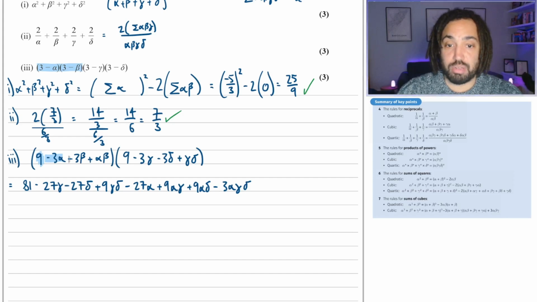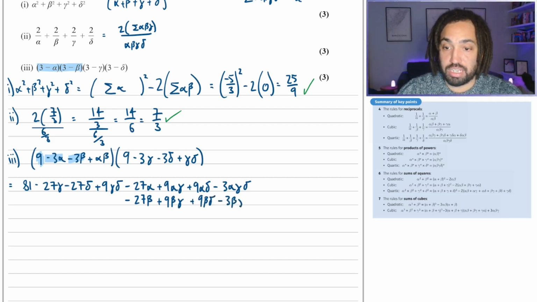Now let's times through by minus 3 beta. I'm going to do it here just simply because it's easier to keep track, because this is going to be very similar. I'm just changing the alphas to betas. So it should look like that.